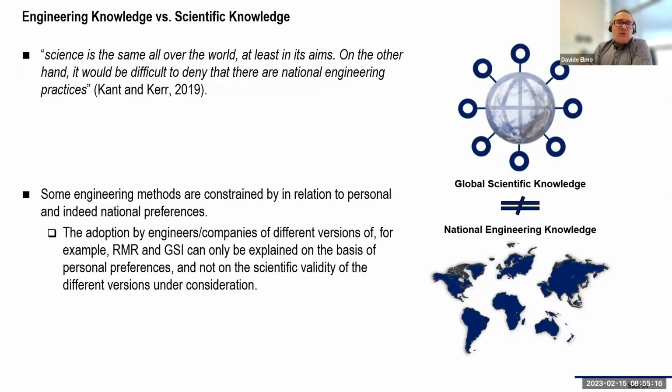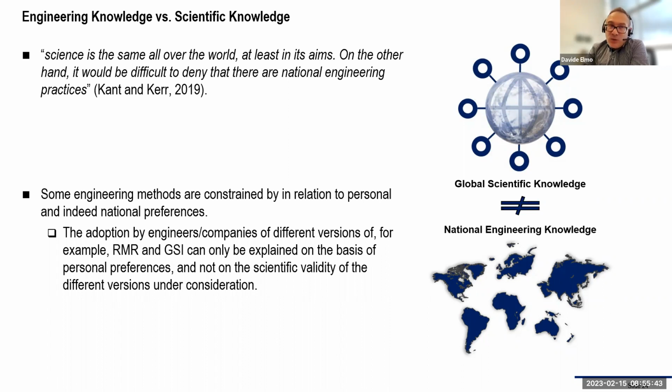So let's conclude now our technical discussion, and talk about scientific knowledge and engineering knowledge. So yes, we live in a Tower of Babel. And indeed, if you look at this quote by Kant and Kerr from 2019: we know the science is the same all over the world, or at least in its aims, but it would be difficult to deny that there are national engineering practices.